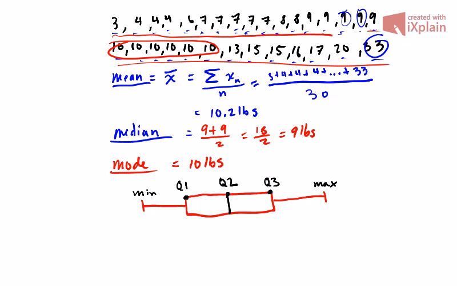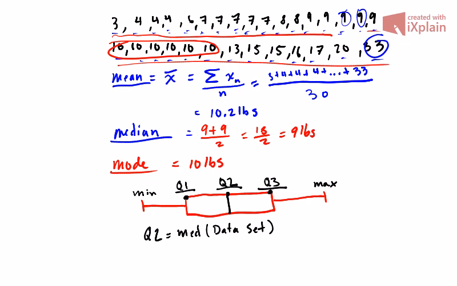Now, Q1, Q2, and Q3 are called quartiles, okay? So this is a quartile, this is a quartile, and this is a quartile. Now, the cool thing about quartiles is quartiles are actually medians, okay? Now, quartile 2 is equal to the median of your entire data set.